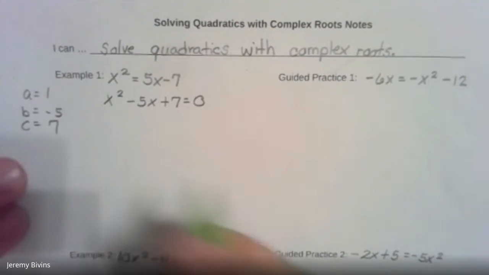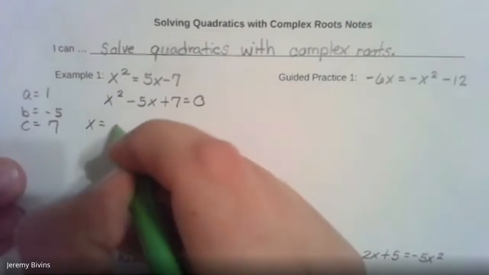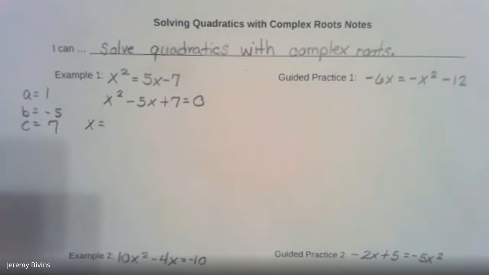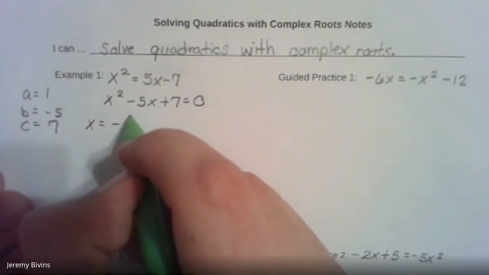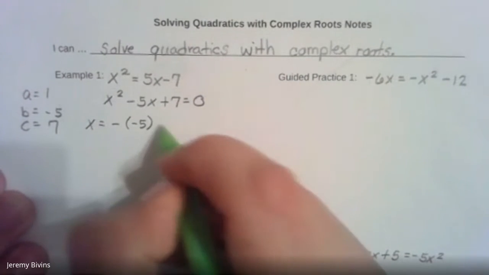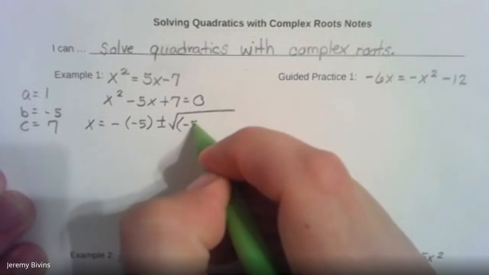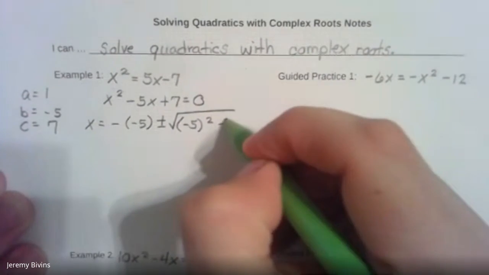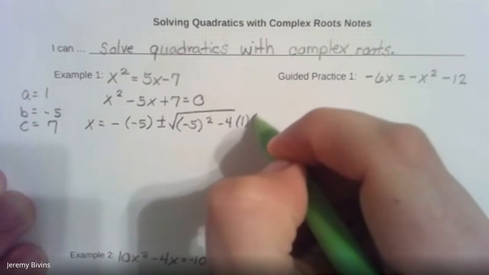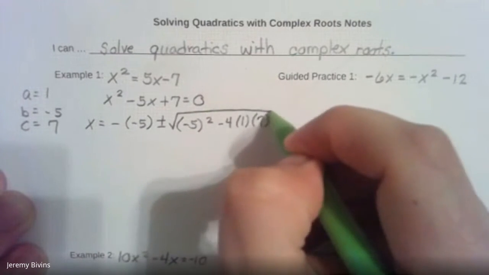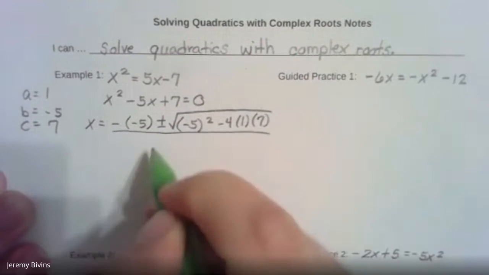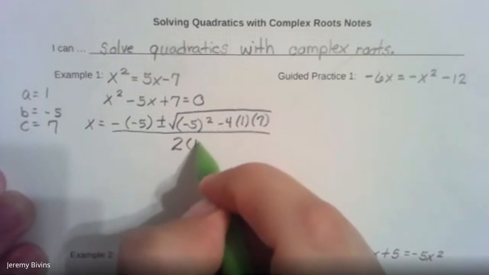So for us, x equals negative 5 plus or minus the square root of negative 5 squared minus 4 times 1 times 7, and the whole thing is going to be over 2 times 1.